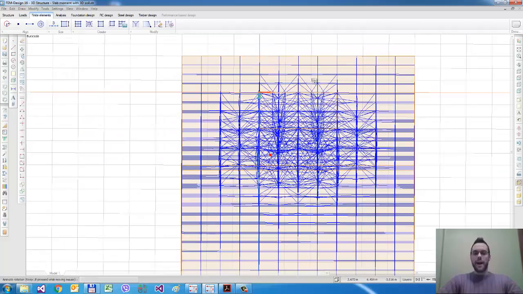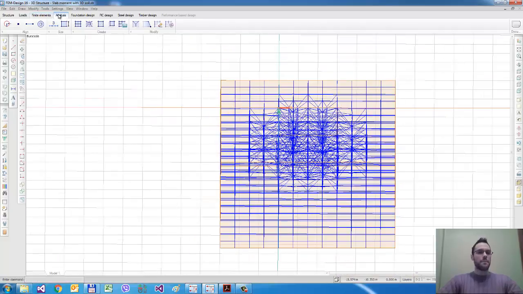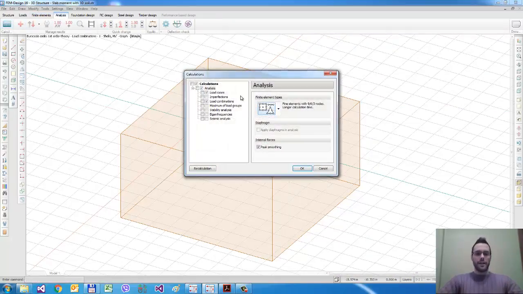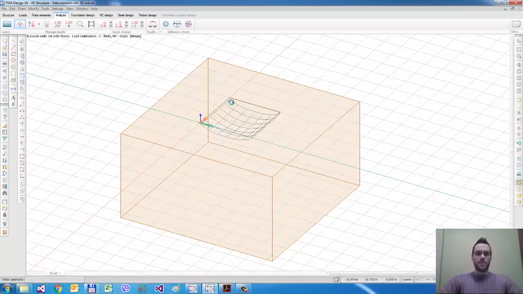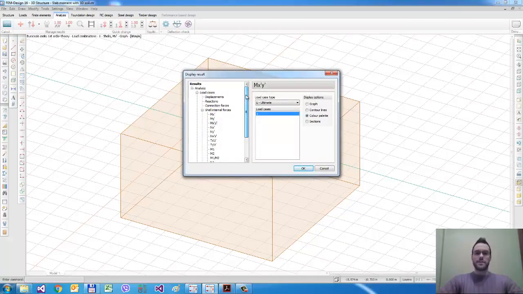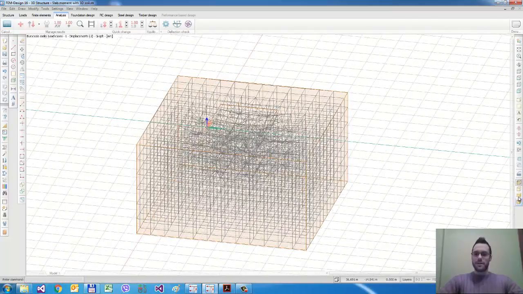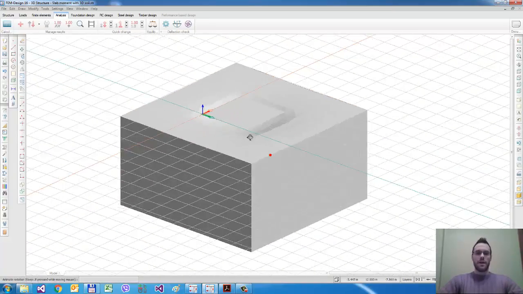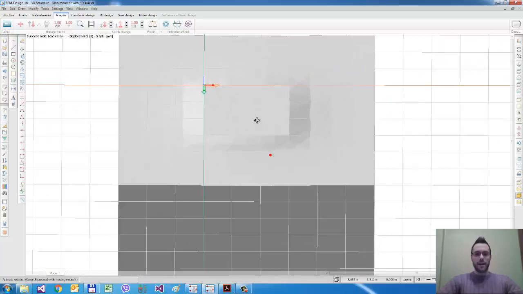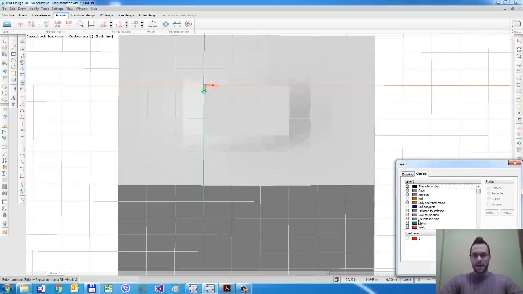We have some refinement around the slab here, and if we check the results in this case with just a linear soil calculation, you can see that the settlement profile under the slab is not constant.